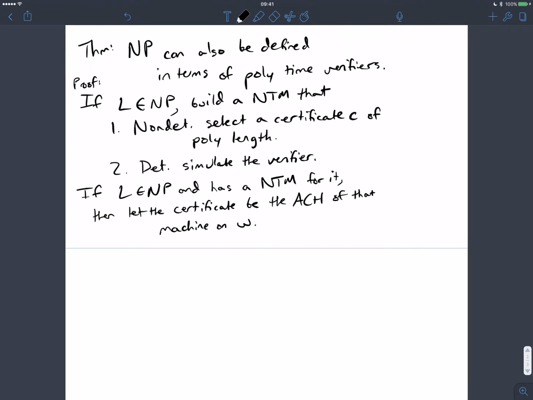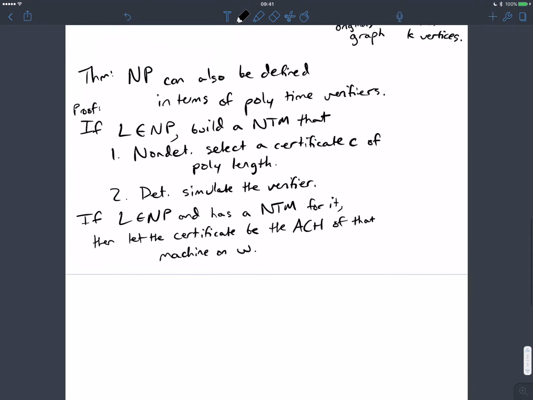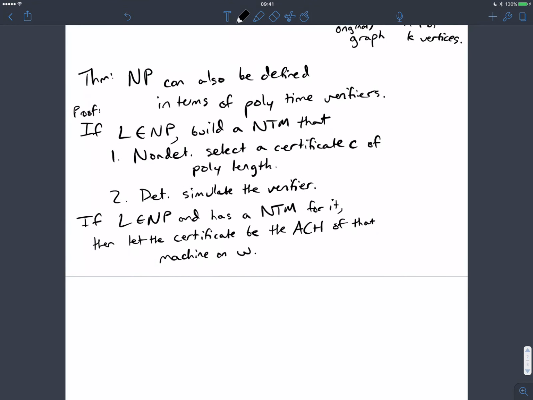And that's it. It's actually a rather short proof, but it's quite a powerful result in saying that instead of thinking of these non-deterministic Turing machines, you can think of the certificates instead, which seems to be a lot easier for showing that something is in NP.